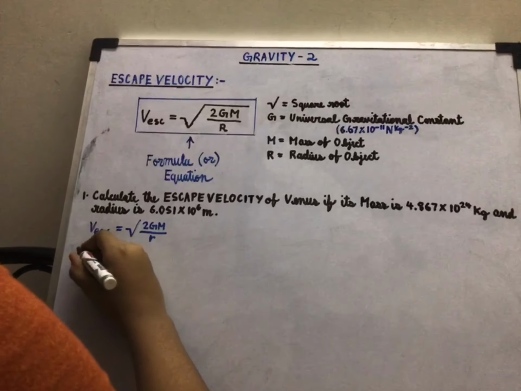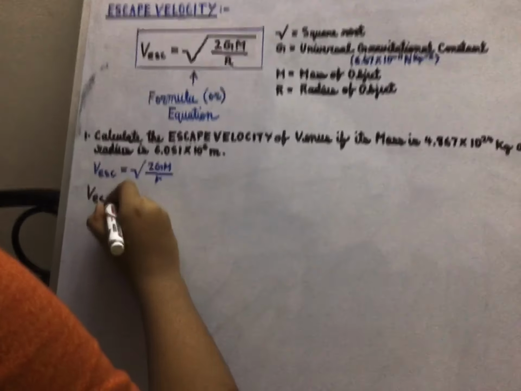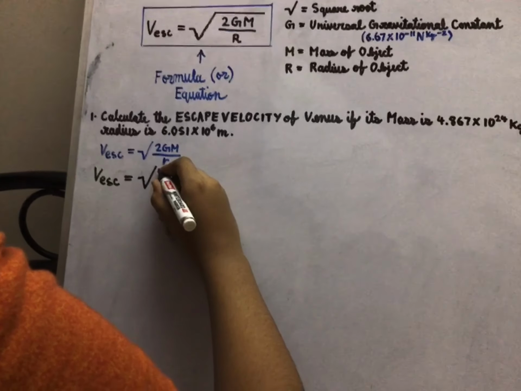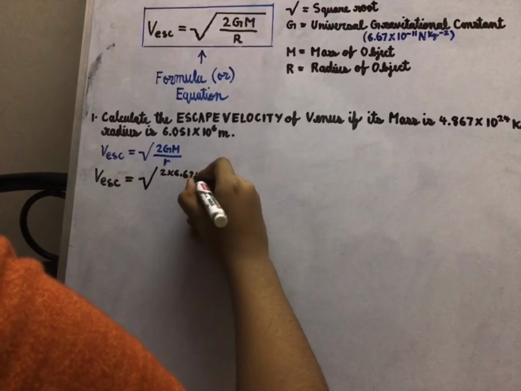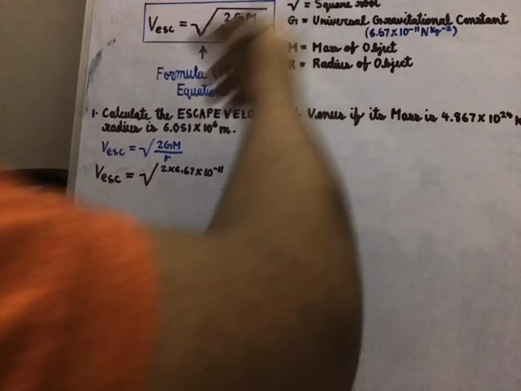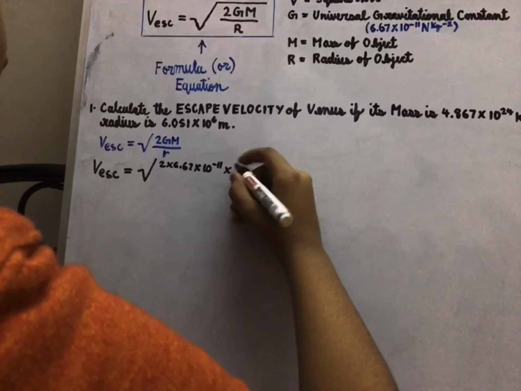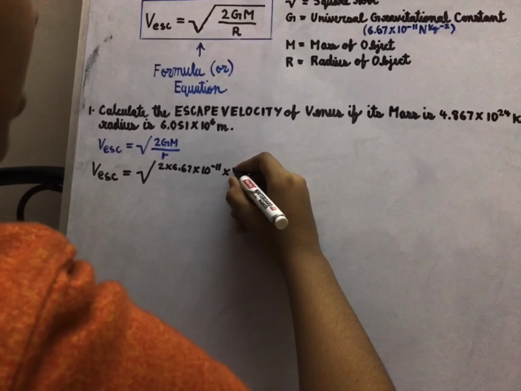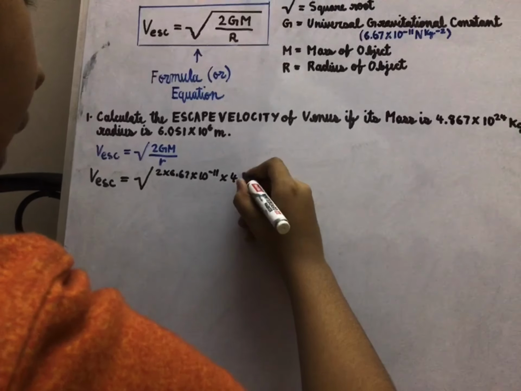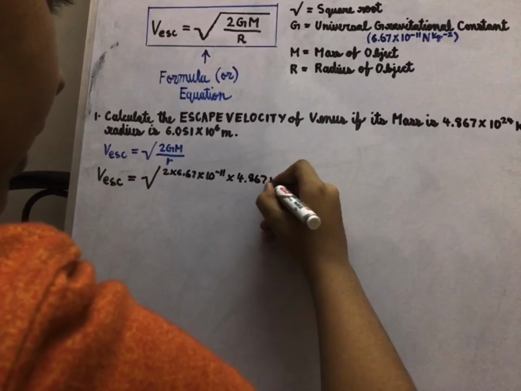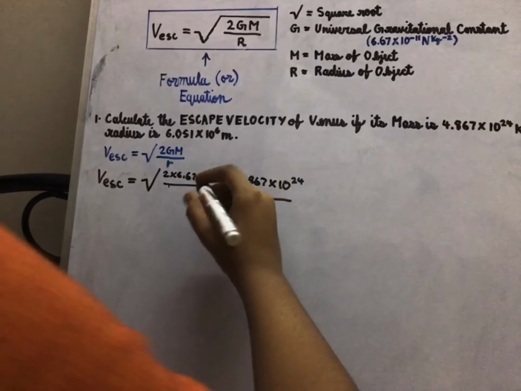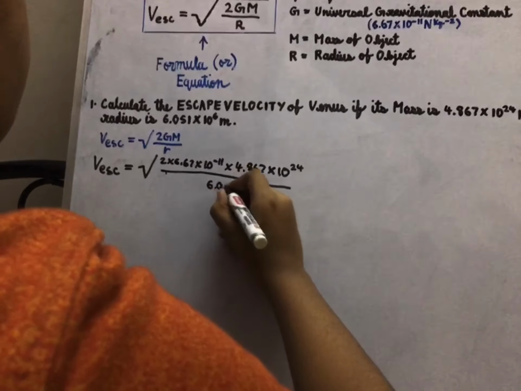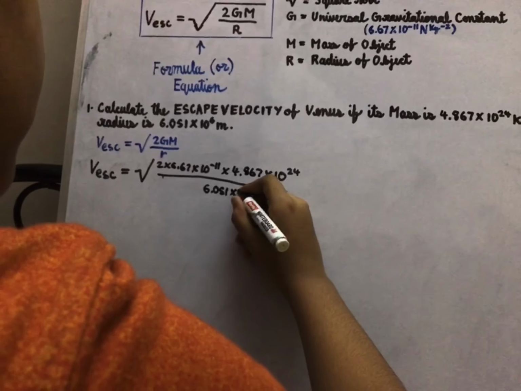If we substitute these values into our equation, the escape velocity of Venus is equal to the square root of 2 into 6.67 into 10 to the power minus 11, the universal gravitational constant, multiplied by the mass of Venus, 4.867 into 10 to the power 24, the whole divided by its radius, 6.051 into 10 to the power 6.